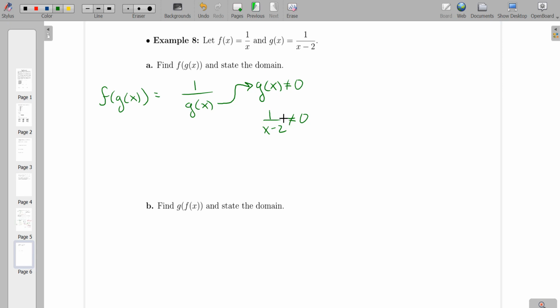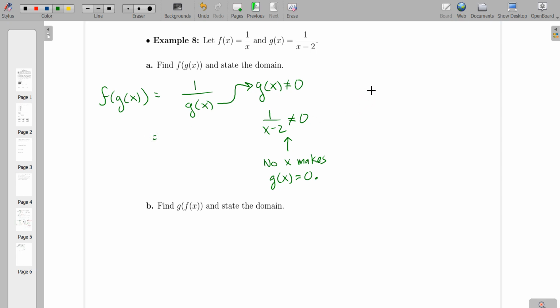But understand that there's nothing that would make 1 over x minus 2 be 0. So this little equation we're trying to solve isn't yielding any solutions we need to worry about. So no x makes g of x equal 0. So we're okay there.